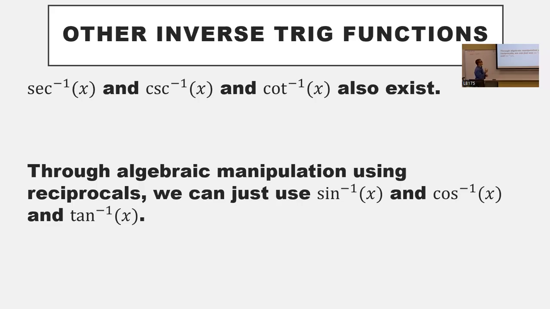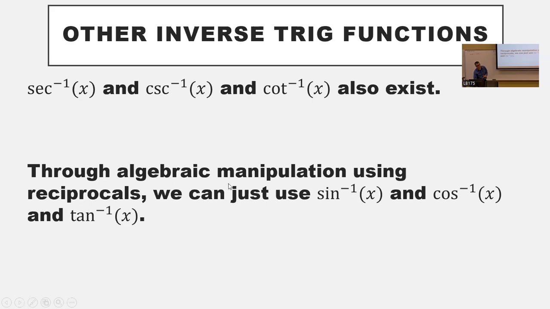I mentioned that these inverse secant, inverse cosecant, inverse cotangent also exist, but we can also just through algebraic manipulation use inverse sine, inverse cosine, inverse tangent when we run into these, okay?